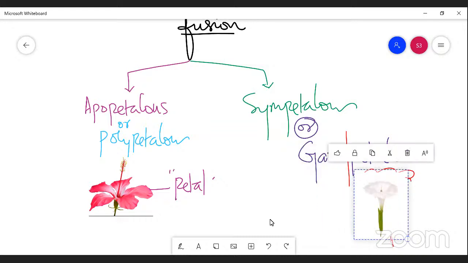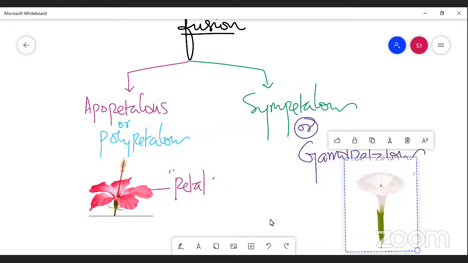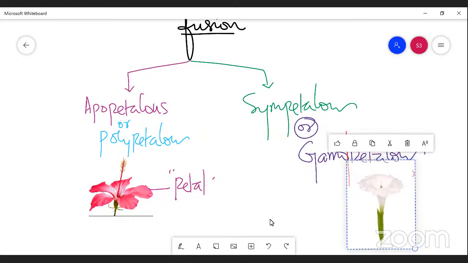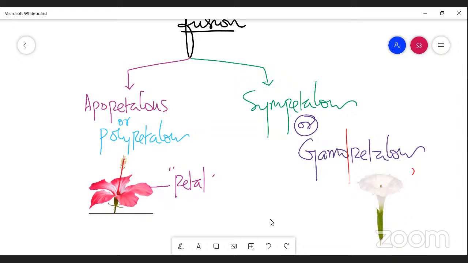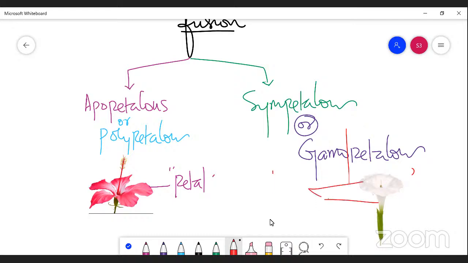This white flower has 5 petals, but all the petals are fused, not only at the base but also further up. The petals are fused or joined, and are classified under sympetalous or gamopetalous.